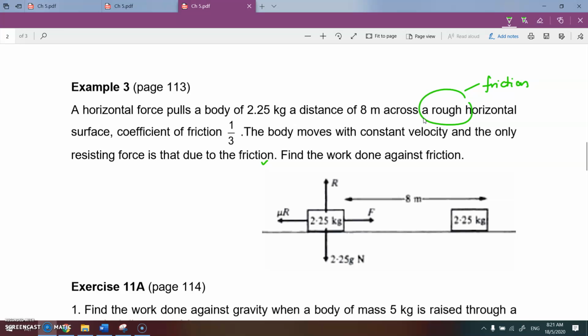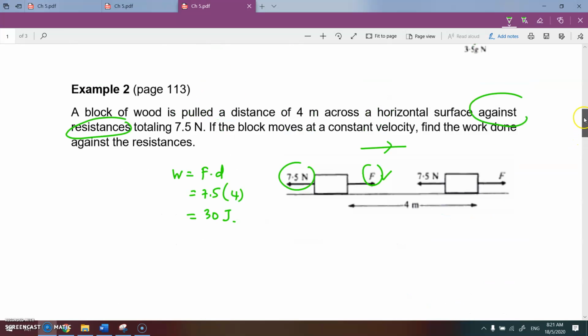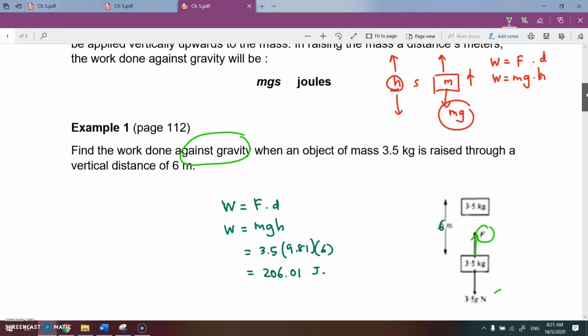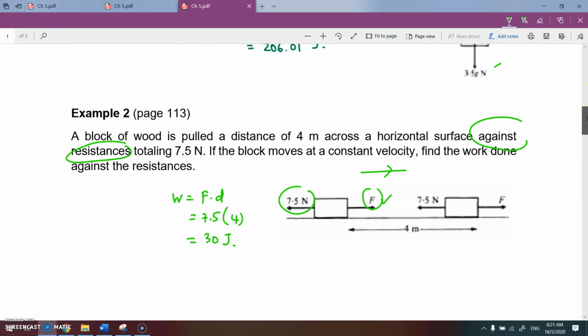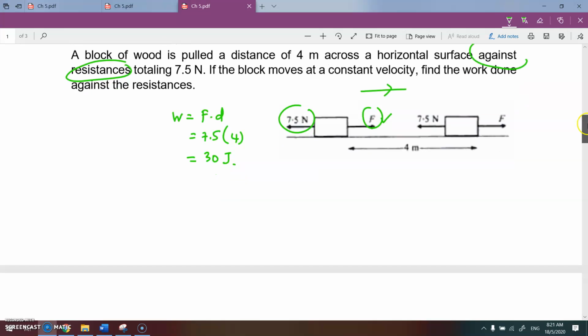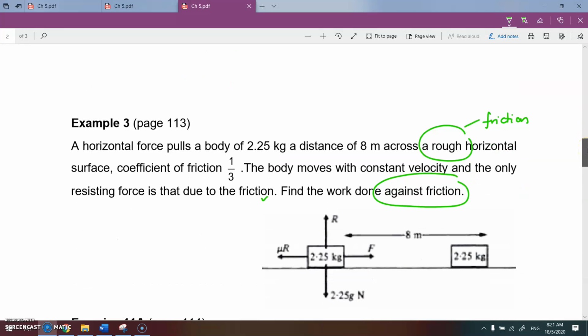Find the work against resistance. Example 1 is against gravity, example 2 is against resistance, and example 3 is against friction. Example 1, against gravity, means it moves vertically. Examples 2 and 3, against resistance and against friction, both move horizontally.